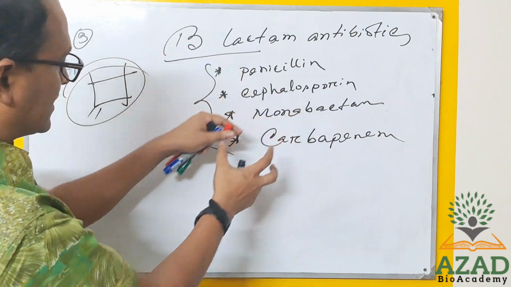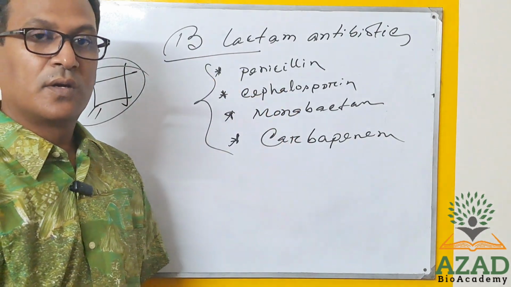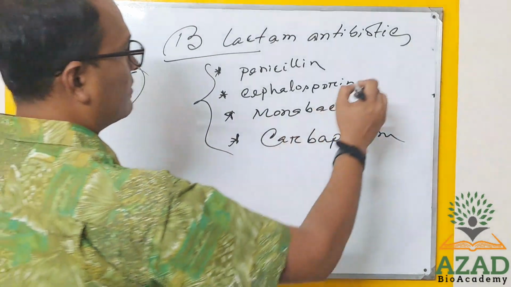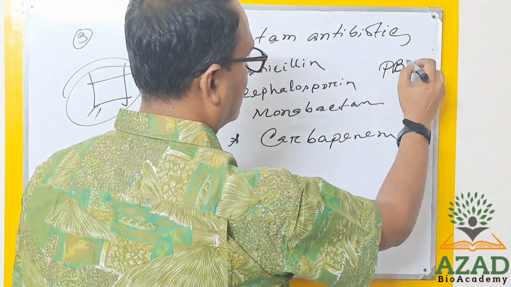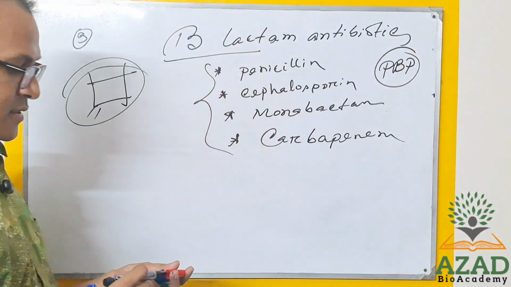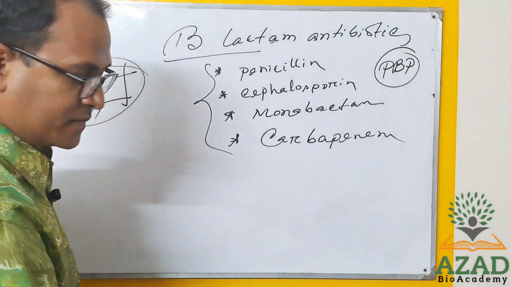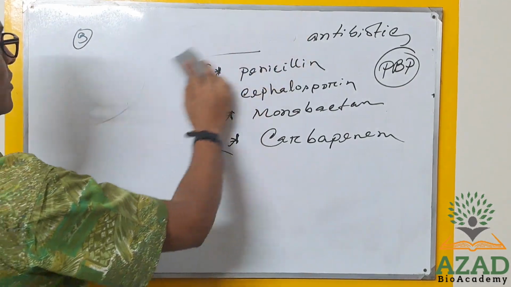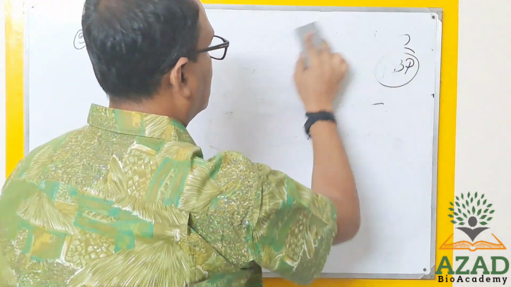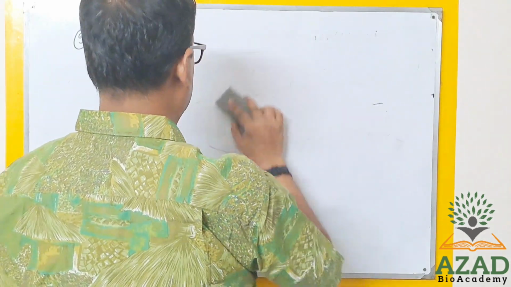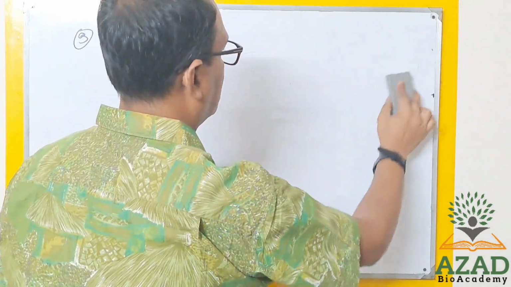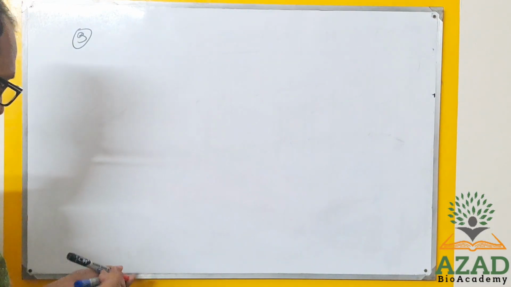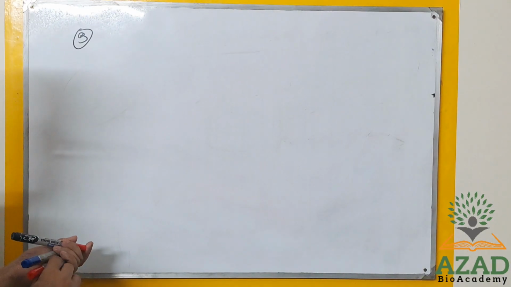All the beta-lactam antibiotics will work on the penicillin binding protein, that is the transpeptidase enzyme. Now I will show you how it will work.